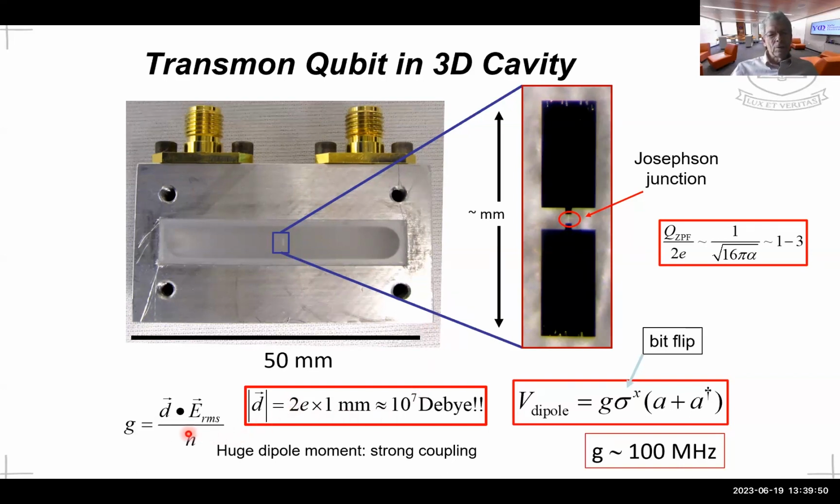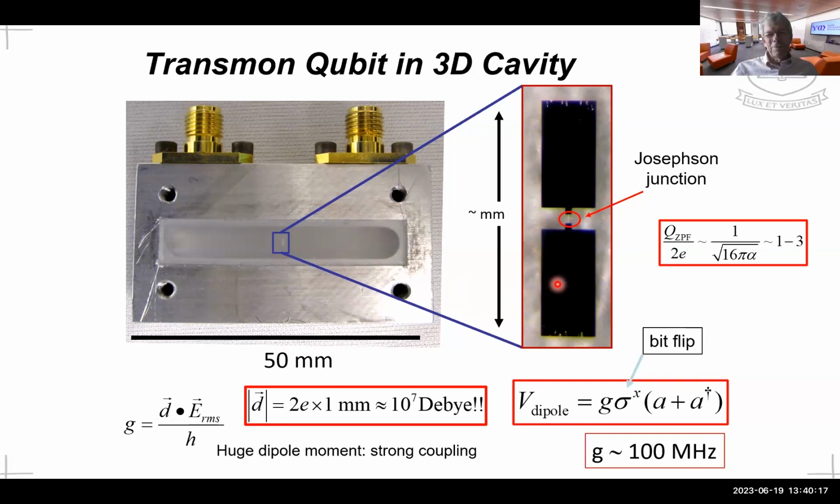It's equal to the dipole moment, which is of order a few Cooper pairs times 1 millimeter. Then if you multiply that by the zero-point fluctuations of the electric field here, and divide by Planck's constant, you get what's called the vacuum-Rabi coupling, 100 megahertz.